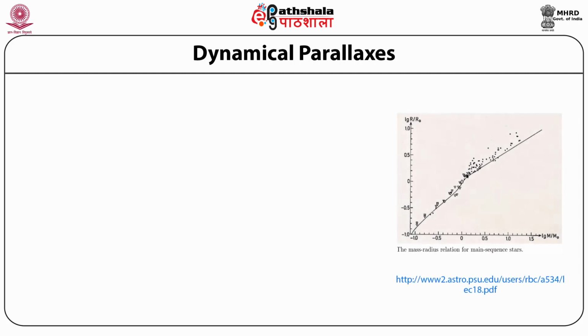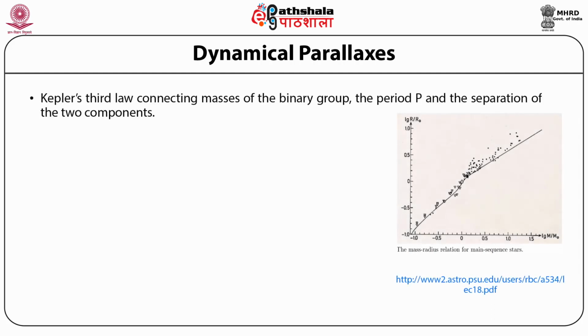Dynamical parallaxes. Kepler's third law connecting the masses of the binary group, the period P, and the separation of the two components is given as G P squared (M1 plus M2) divided by 4 pi squared equals a to the power 3.